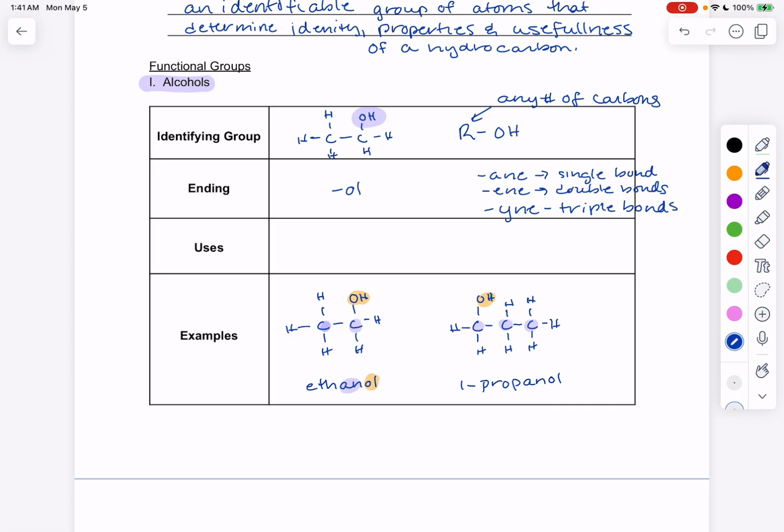We could also build this one like this. And then we would have 1, 2, 3 carbons, and here's our OH group. But now it's on the second carbon, so this one would be 2-propanol.